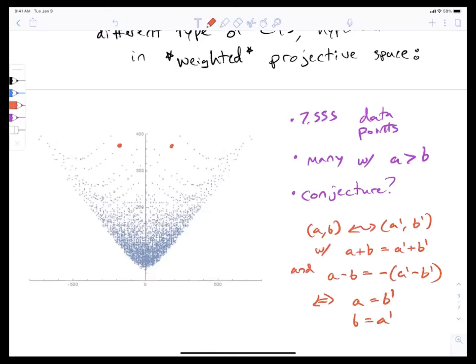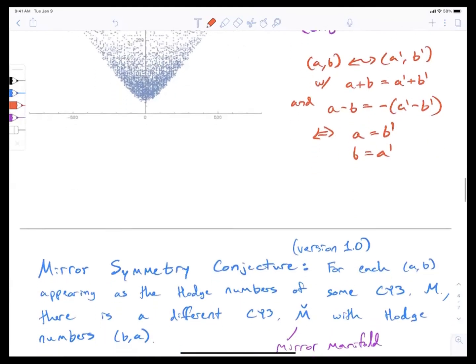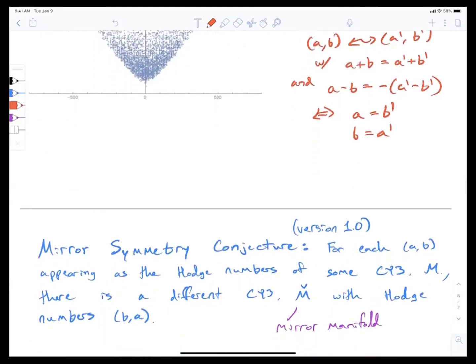It's called mirror symmetry, because if you put a mirror here, the picture looks the same. So this is a conjecture coming from physics, which is that for each of these pairs, A comma B, arising as the number of 2- and 3-dimensional holes of a Calabi-Yau threefold, for some space M, there's another space, another example Calabi-Yau threefold, which I'll call M check, that has the exact opposite A comma B. So A is B and B is A for this new space.